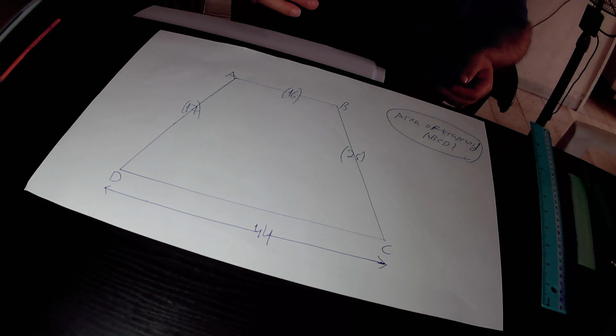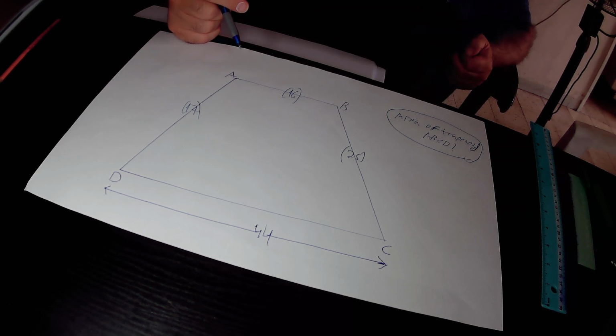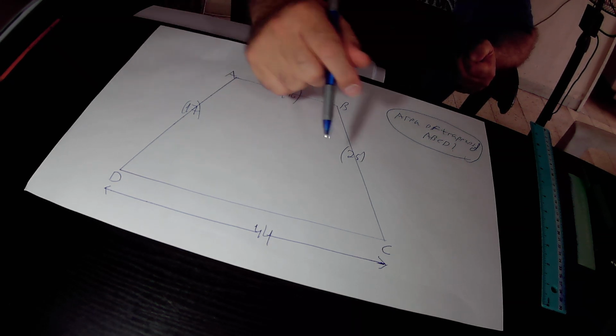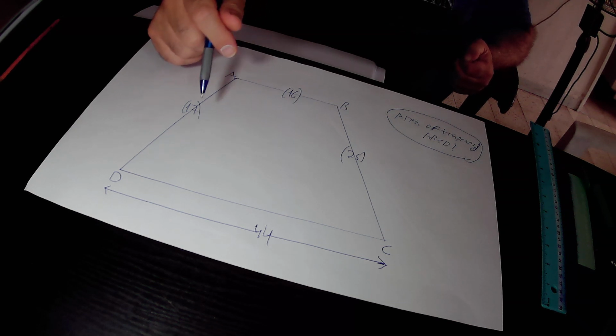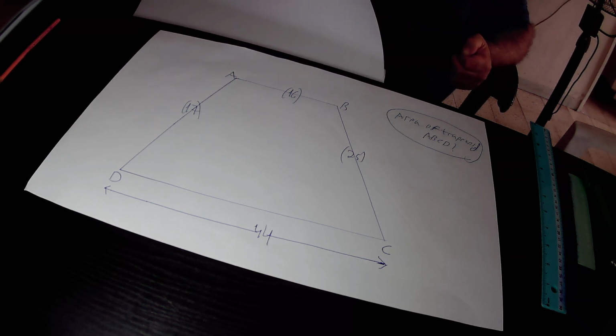Therefore, the area of this trapezoid ABCD must be equal to the sum of its two parallel bases. The two parallel bases are AB and DC. So the area of this trapezoid ABCD must be equal to AB plus DC, that is the sum of its two parallel bases, times the height over 2. So write it down.